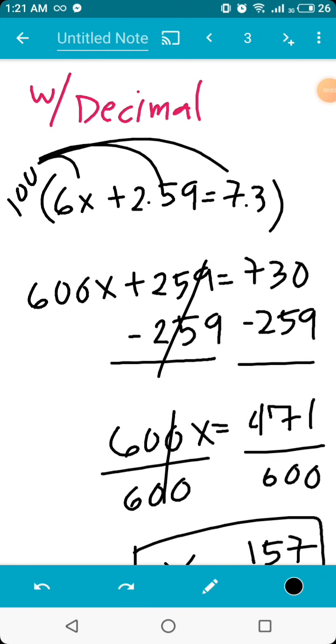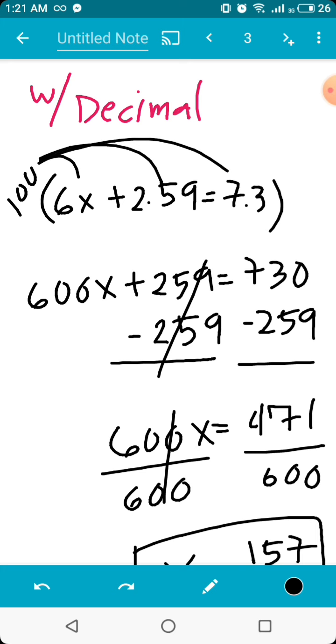Okay guys, so basta lagi niyong tatandaan guys na kapag minultiply nyo yung isang term sa isang number, dapat lahat ng terms sa equation, imumultiply nyo rin dun sa number na yun. So, katulad nga dito, yung in-adjust natin is yung 2.59 tsaka 7.3, diba? Ang goal natin maging buo sila. Kaya kailangan i-multiply natin sila sa 100.